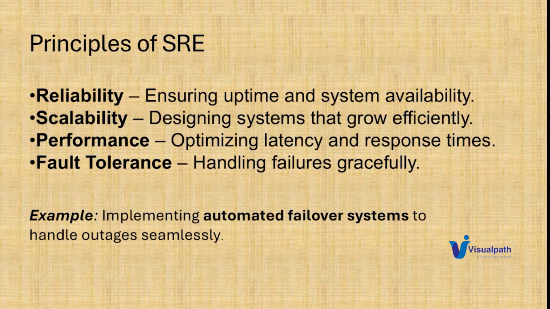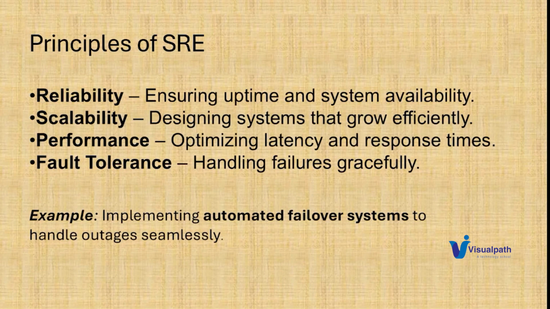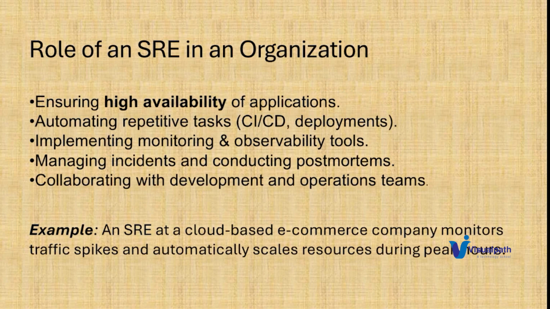For example, if we have a 8 GB server, we can add another 8 GB server, which is horizontal scaling. But if we have one server of 8 GB and we increase its size to 16 GB, that is vertical scalability.